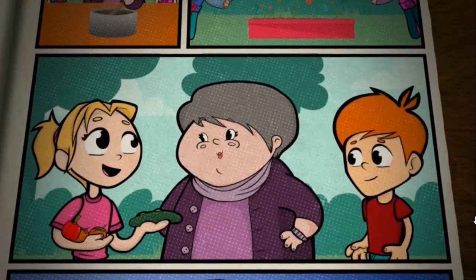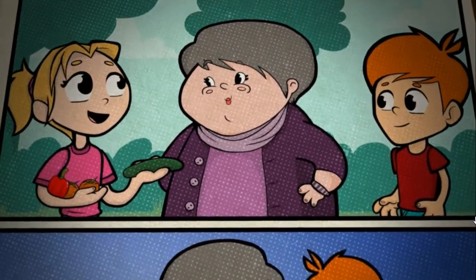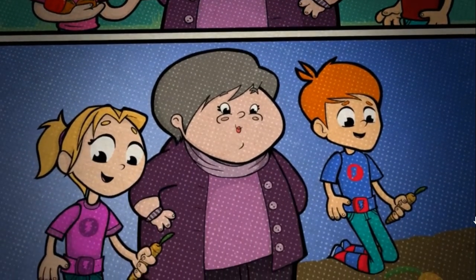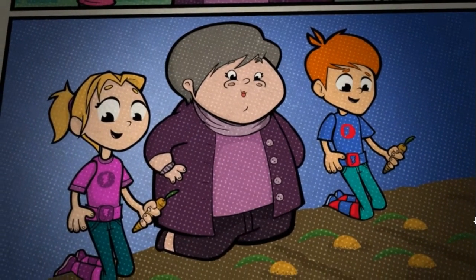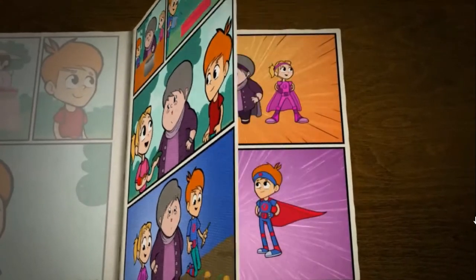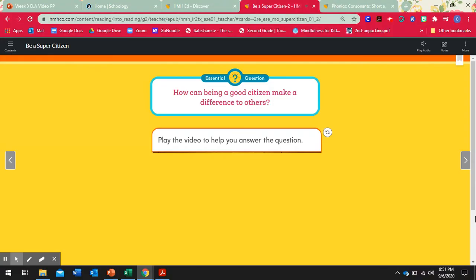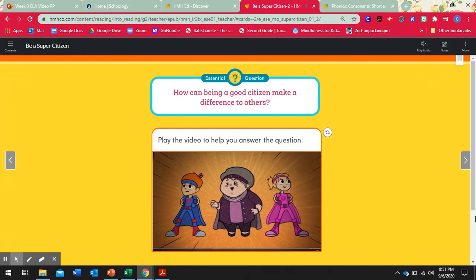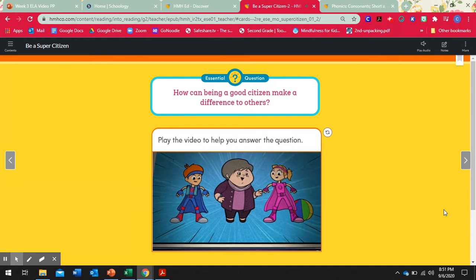As they leave the garden, Leon and Carly ask if they can donate vegetables to the charity table. What a kind thing to do. She helps them choose vegetables that are nice and ripe. Leon, Carly, and Grandma are truly super citizens. And now they're off to the pool.